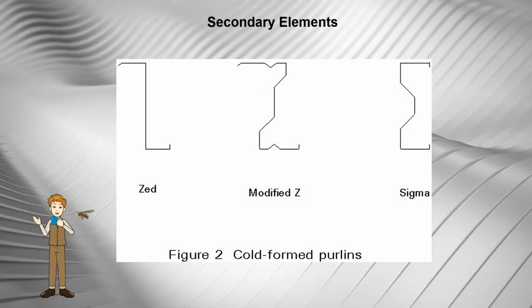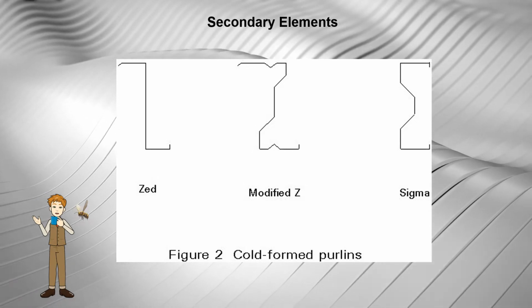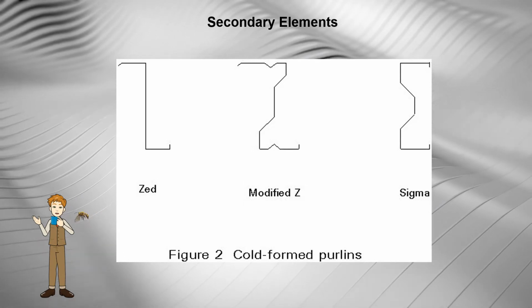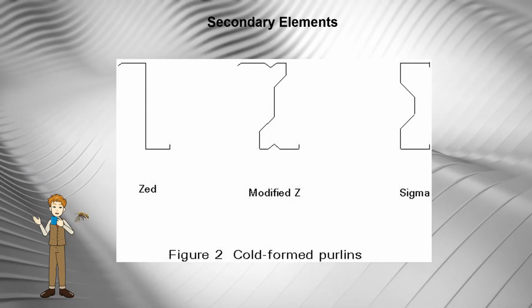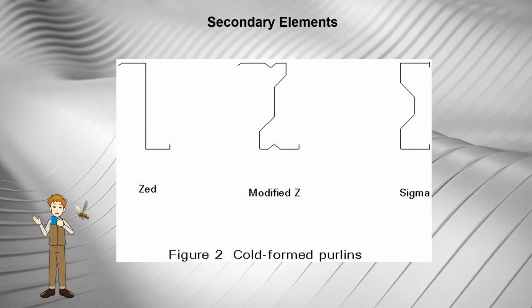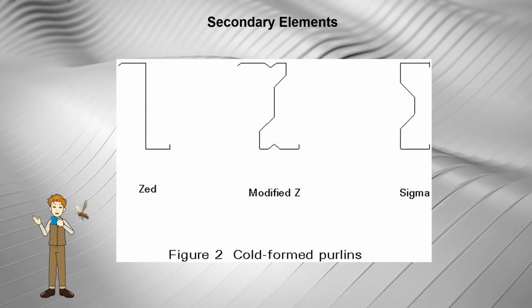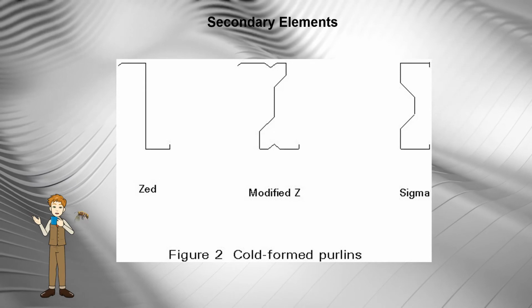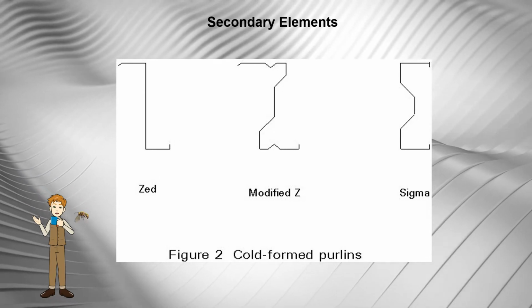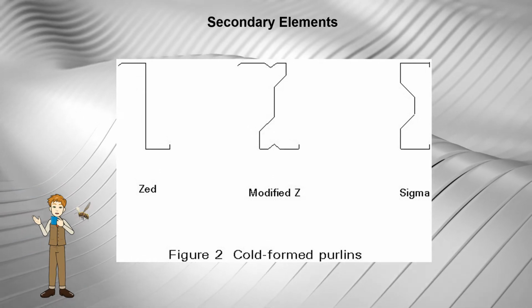With high volume rolling, the material content of purlins and rails is a very significant part of the cost, and manufacturers have developed shapes which are extremely material efficient. The most common are Zs, modified Zs, and Sigma shapes as shown in Figure 2.